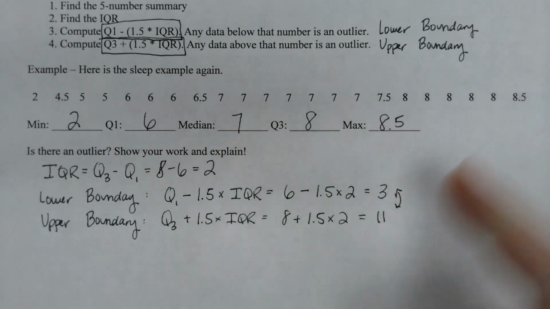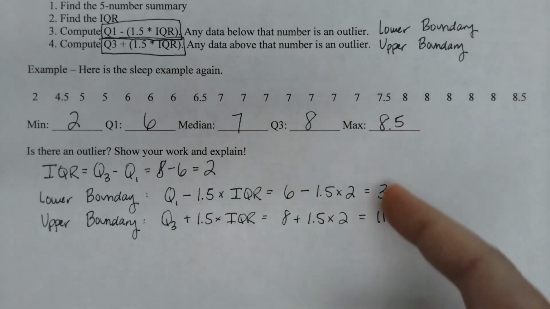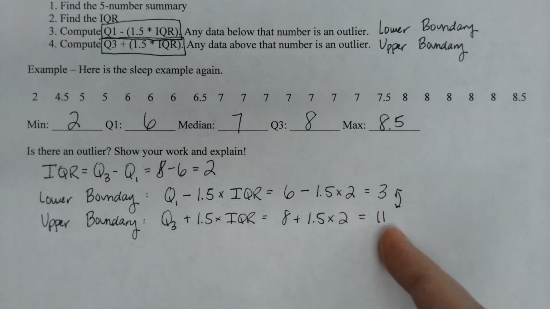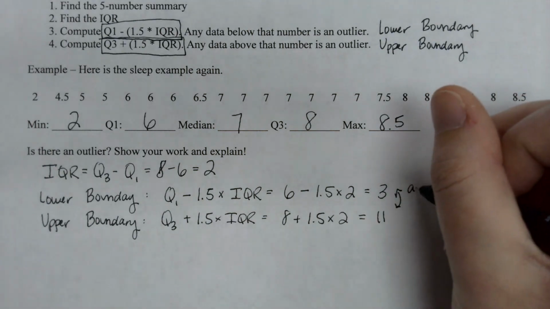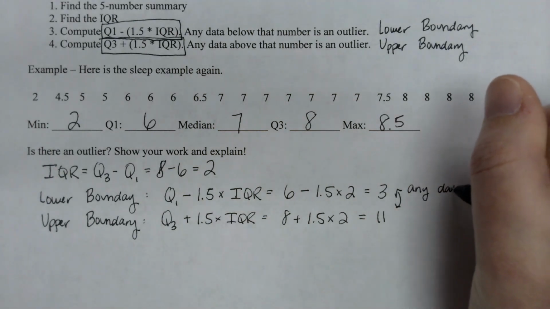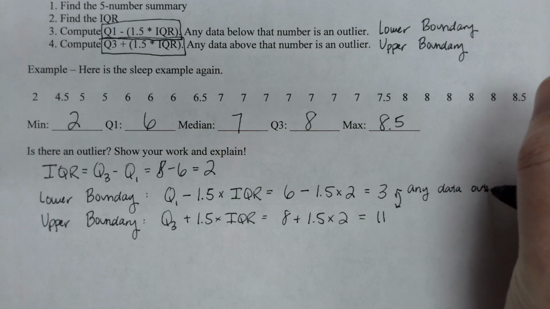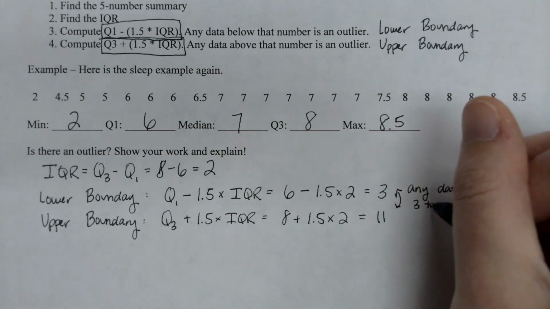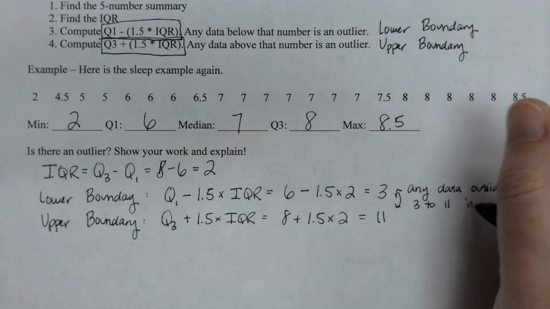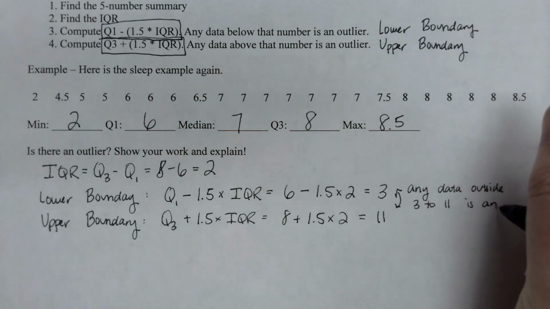I'm just going to add this in here: any data that falls outside of the 3 to 11 is going to be an outlier, okay? So any data outside 3 to 11 is going to be considered an outlier.